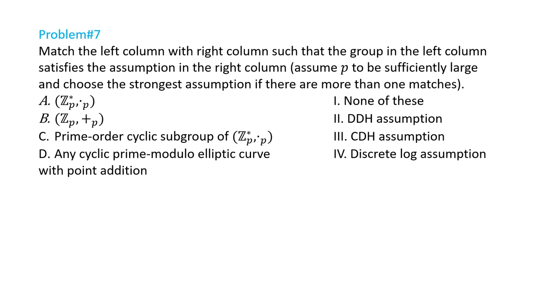Match the left column with the right column such that the group in the left column satisfies the assumption in the right column. Assume P to be sufficiently large and choose the strongest assumption if there are more than one matches. Let me know your answers.